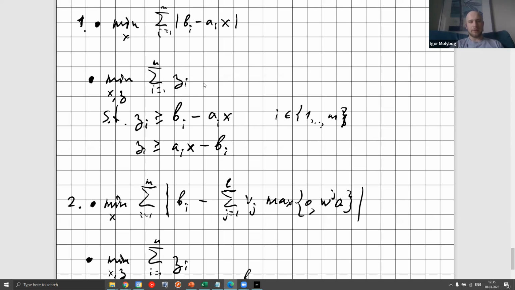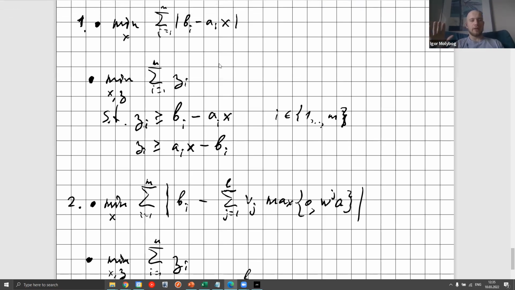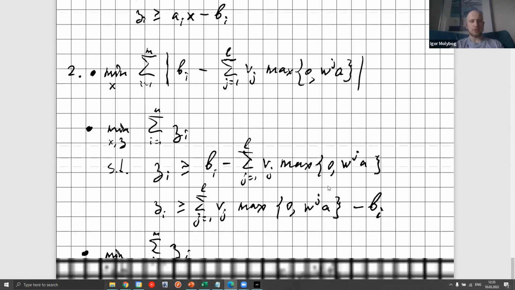So eventually our entire programming problem is a linear programming problem. So this is very simple. Training a linear one layer perceptron with absolute value loss is a linear programming problem. It's very straightforward and very simple.